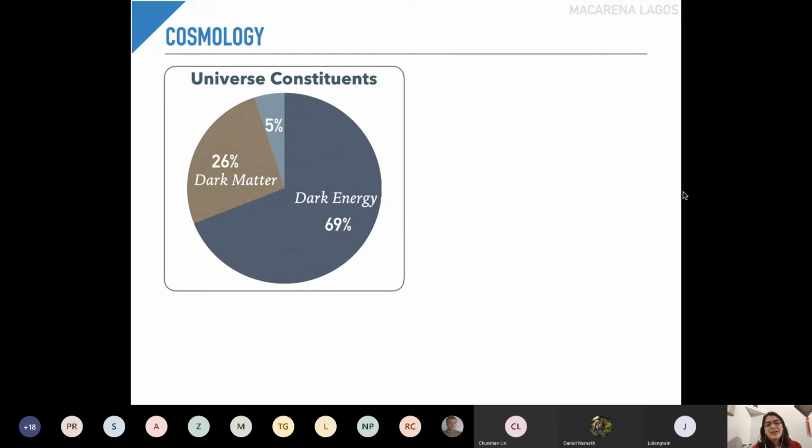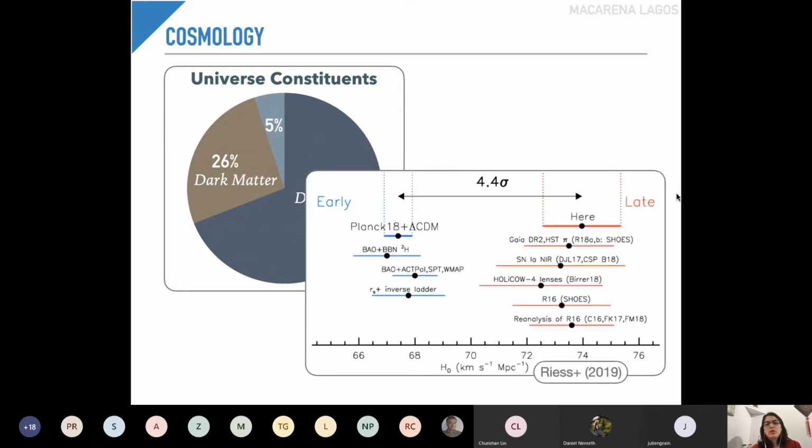However, now that we are getting more and more data and more precise constraints on our cosmological parameters, some tensions have started to arise. Here you see, for example, these figures showing the possible values constrained from different data sets on the current Hubble rate H0. There are two classes of constraints or observations, the red and the blue ones.